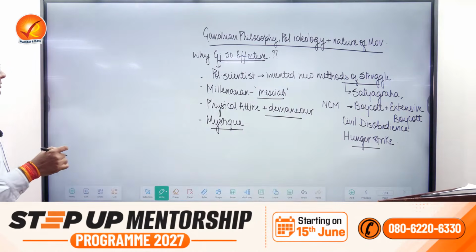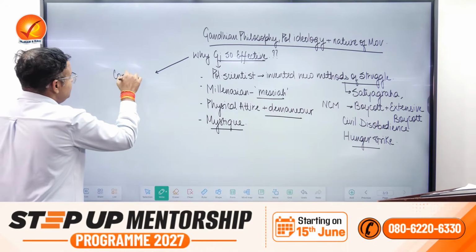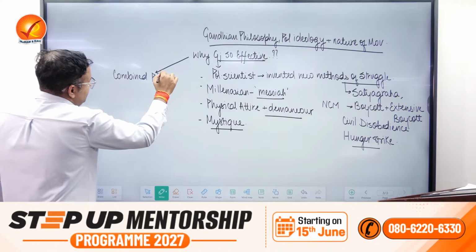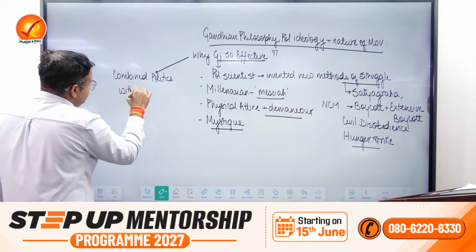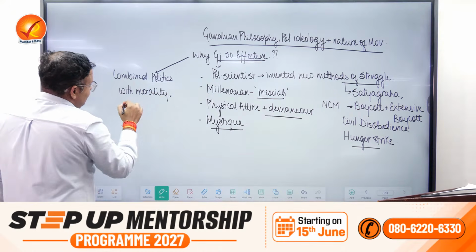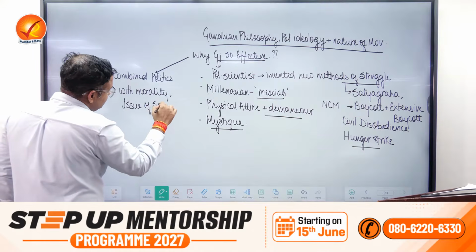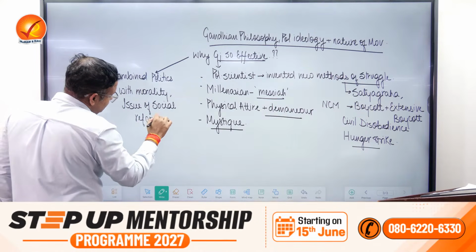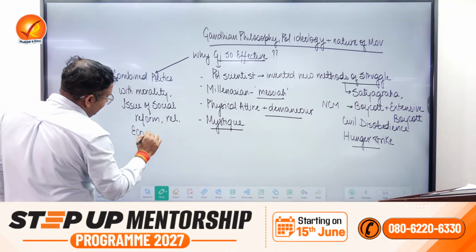And then Gandhi, why was he so effective? Because Gandhi combined politics with morality, with the issue of social reform, with religion and economic development.